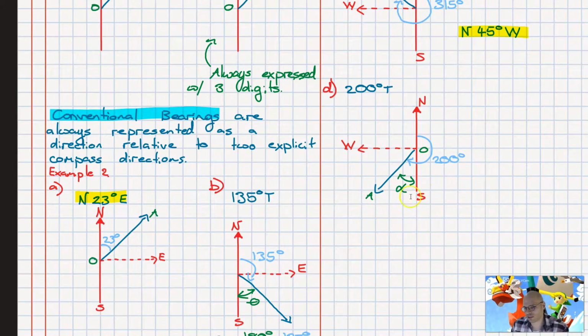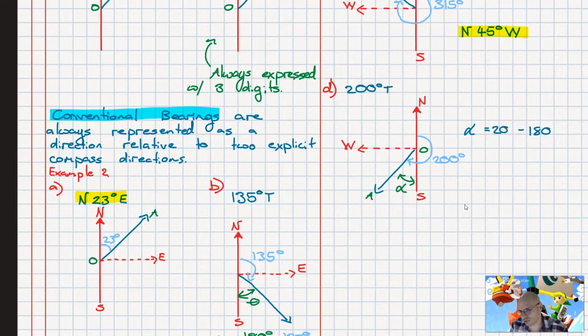Now, alpha is going to include some of the 200 degrees in here. So the expression we're going to write to calculate the value of alpha is alpha equals, and we know that between the North and the South Pole, it's a straight line, so it's going to be 180 degrees. And we're interested in the difference between 200 and 180.